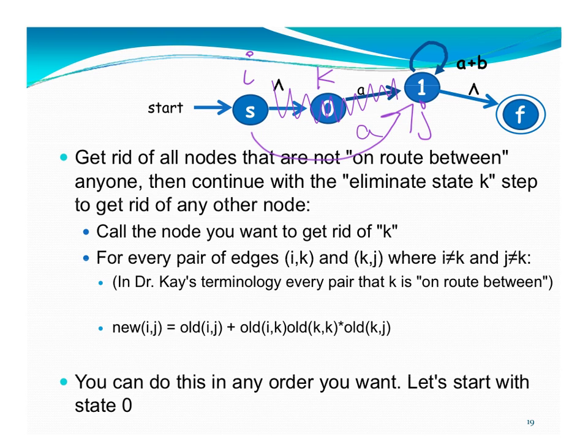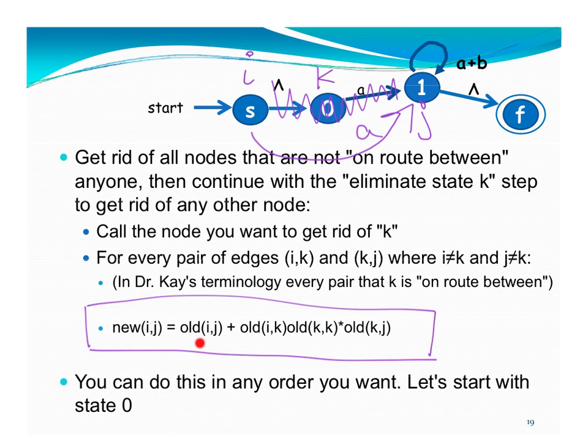Okay? And the equation that's going to give us that A is right here, and we just have to plug in the numbers. So it says the new ij equals the old ij, blah, blah, blah, blah. You'll see this will make sense in a minute. But for now, let's just go to the next slide and we'll try it.